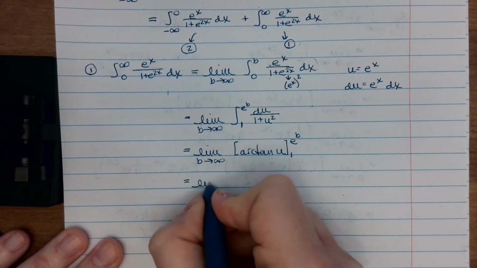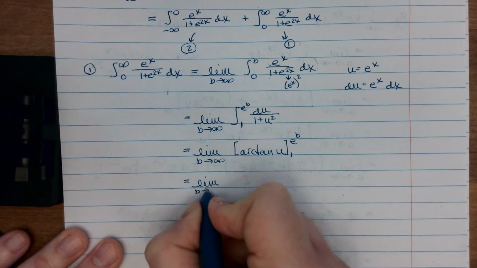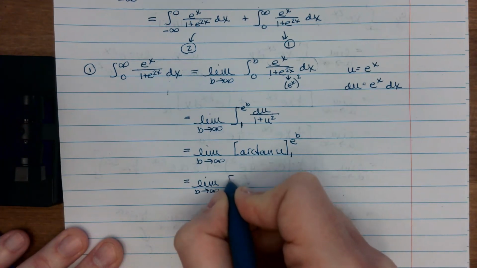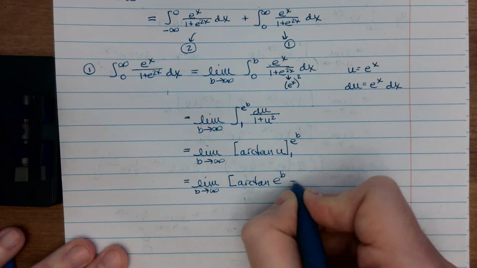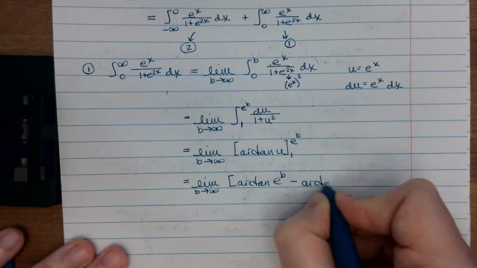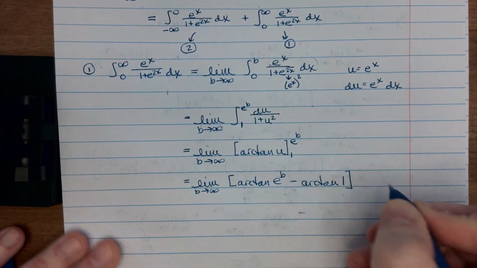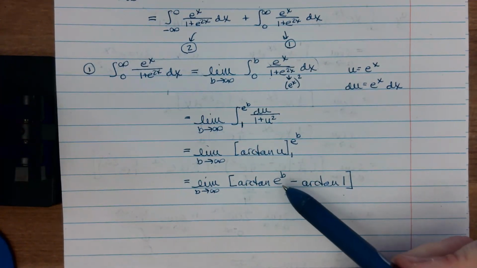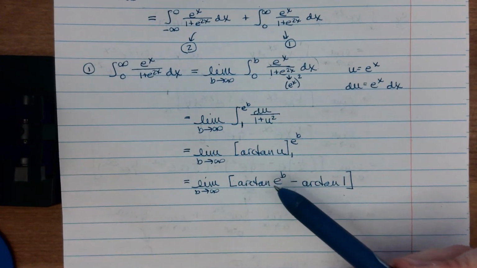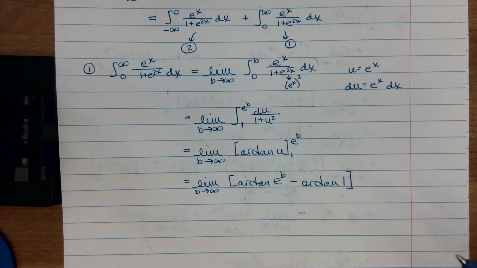Well, I'm going to plug in limit as b approaches infinity of the arctangent of e to the b minus the arctangent of 1. E to a huge number is a huge number. What's the arctangent of a huge number?